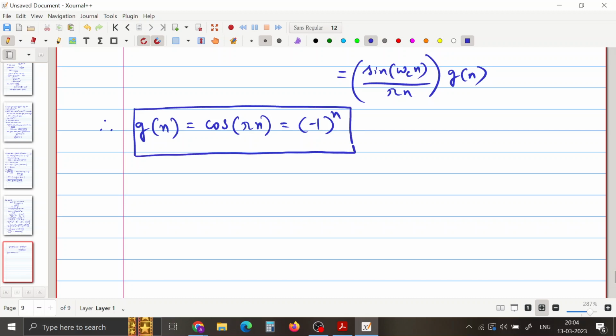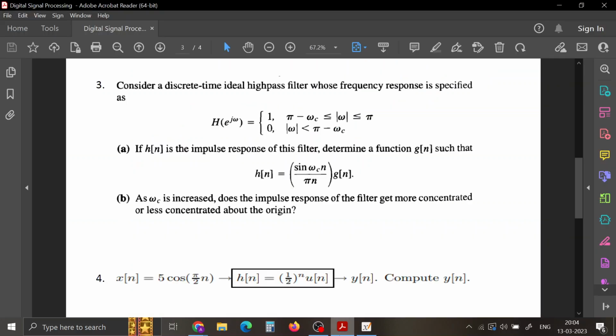So we are done with part A. Now in part B, it has been asked: if omega c is increased, what happens to this h of n, the impulse response of the filter? Does it get more concentrated or less concentrated about the origin?